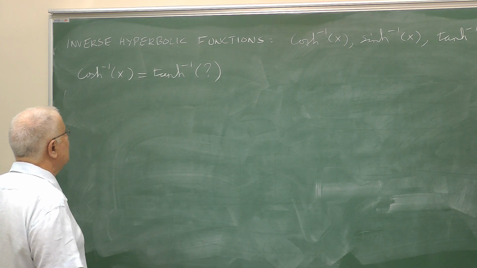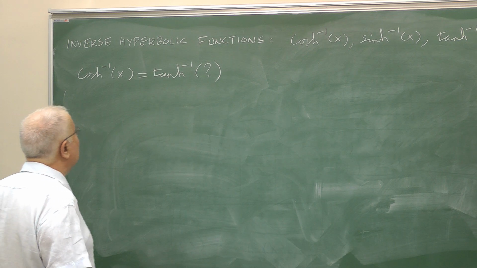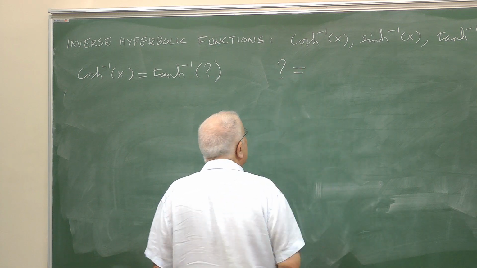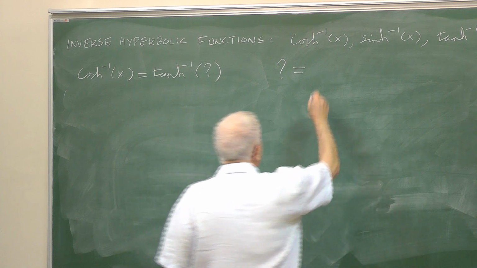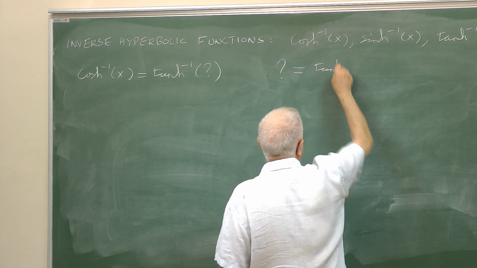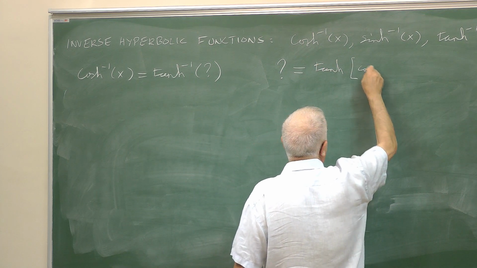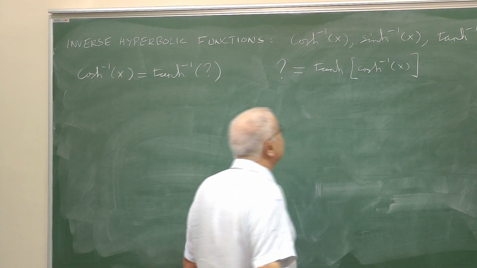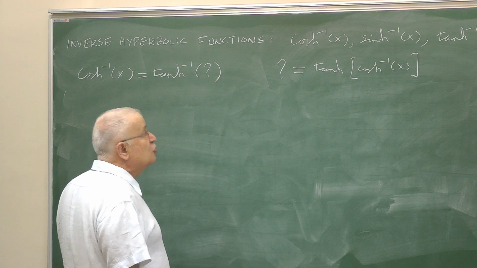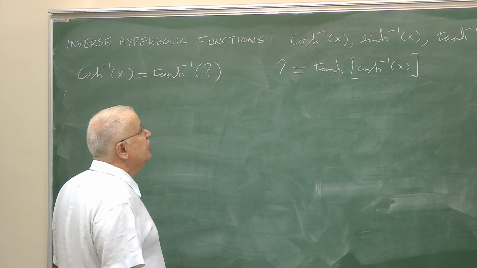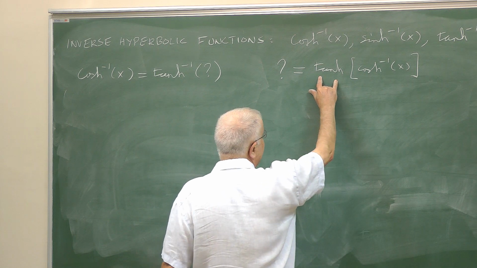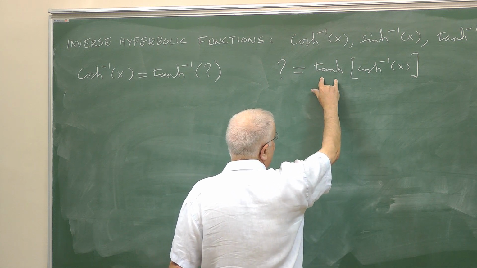We'll have to do this by algebra. But let's isolate the problem. Let's formally solve it. Question mark equals hyperbolic tangent of cosh inverse x. So the important thing is to be able to express hyperbolic tangent in terms of cosh.